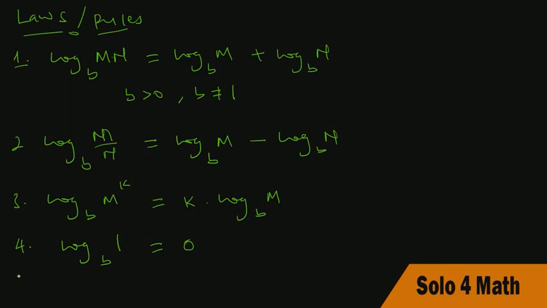Fifth, if you have log b base b, if the argument is the same as the base, this will always be equal to 1. Sixth, if you have log of b to power k base b, remember this k will come down, and log b base b is 1, so this will always give you k.